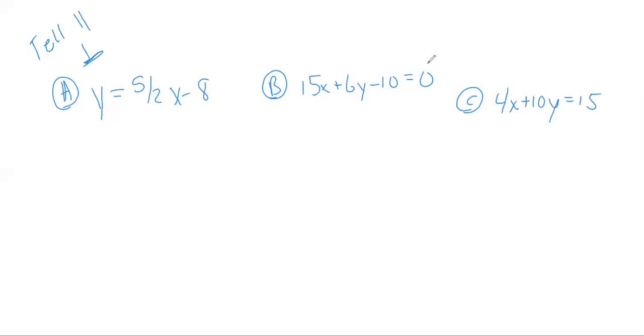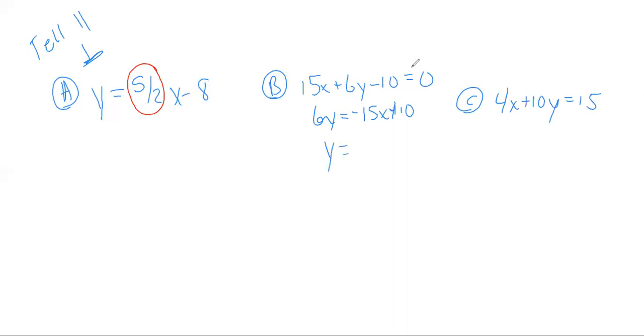So here, I have the slope. Well, now I got to go back and solve this one. So I'm going to subtract the 15x. 6y is equal to negative 15x, and I move the 10, plus 10, not 10y, 10. We'll divide everything by 6.